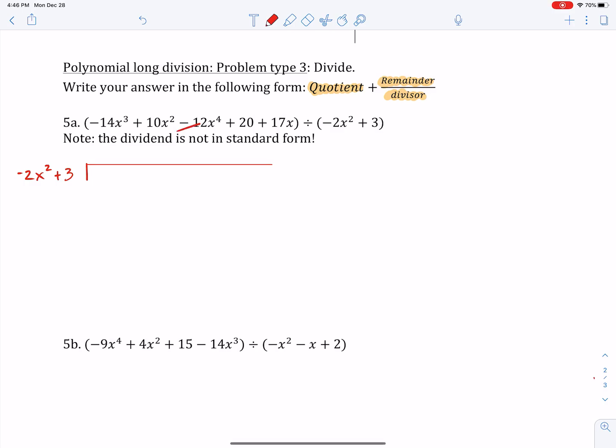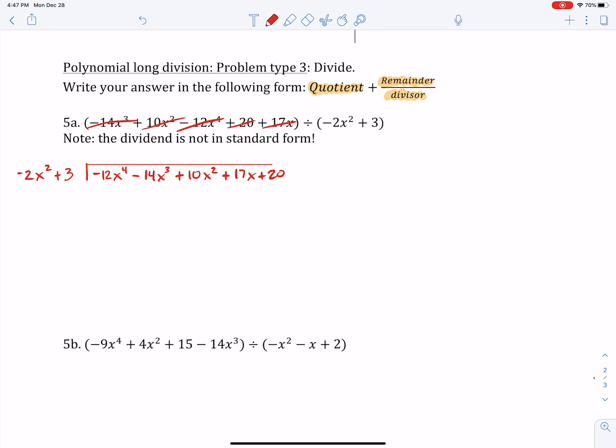I have a negative 12x to the fourth, minus 14x to the third, plus 10x squared, plus 17x, and then plus 20. Okay.